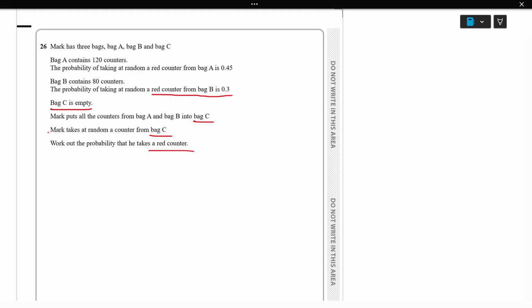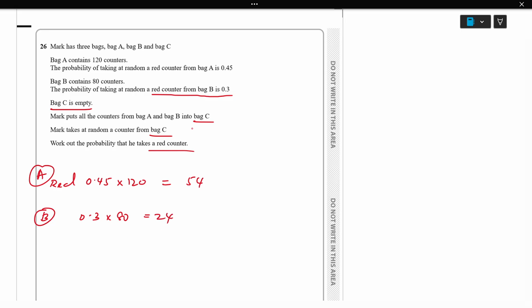First we calculate how many red counters are in bag A: 0.45 × 120 is 54 red counters. Next, bag B: 0.3 × 80 is 24 red counters.